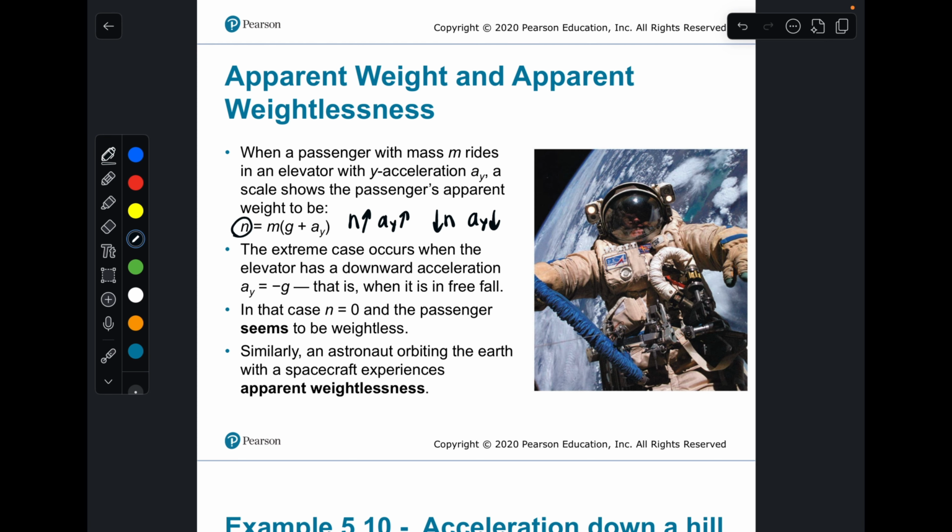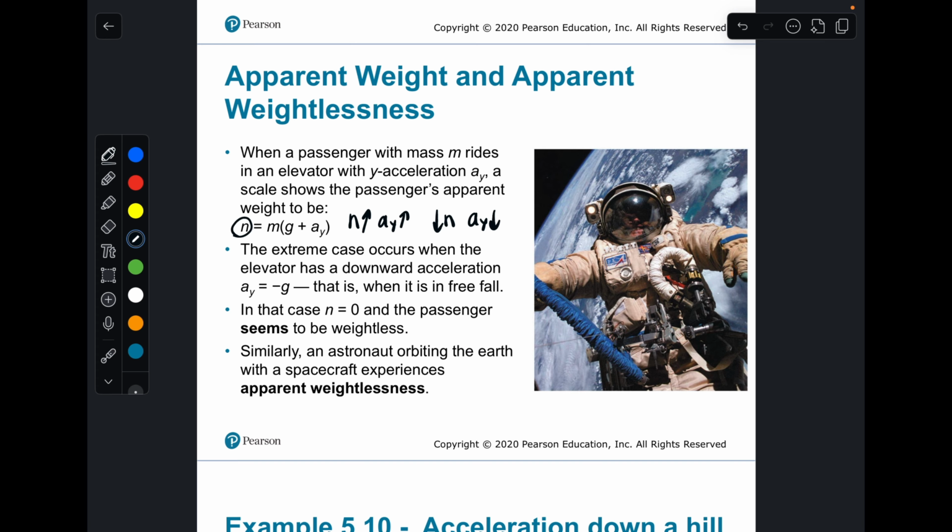There is an extreme case that occurs when the elevator has a downward acceleration of g, negative g. That is when the elevator is in free fall. And in that case, the normal force acting on the passenger is effectively 0, and the passenger seems to be weightless.